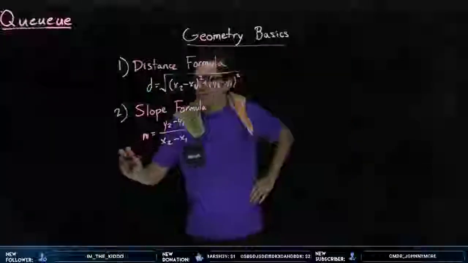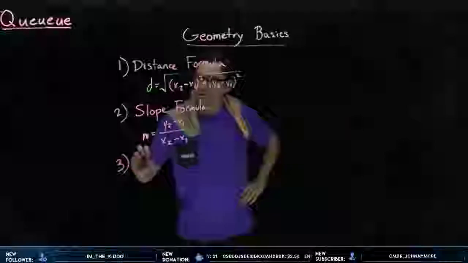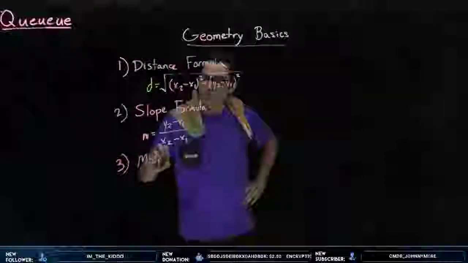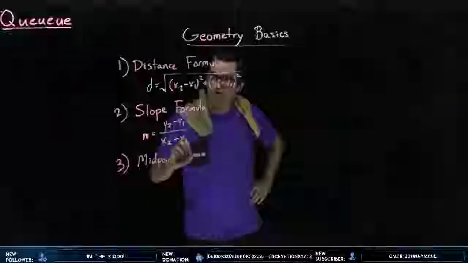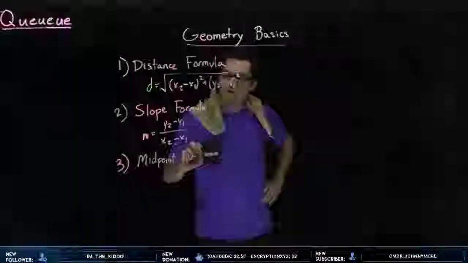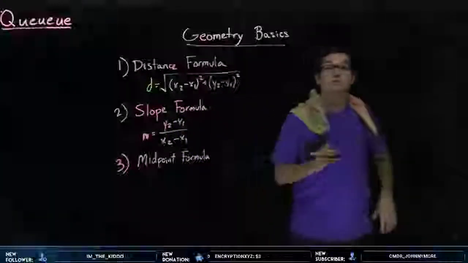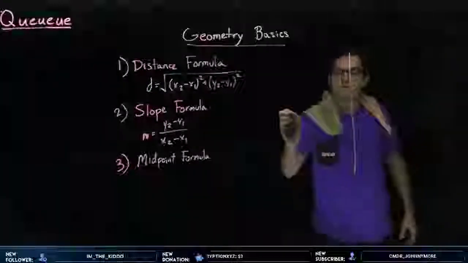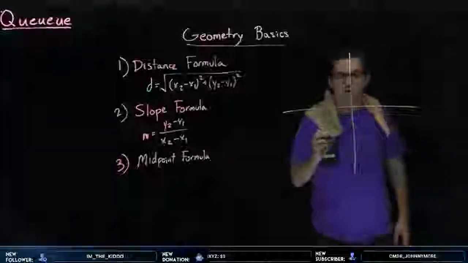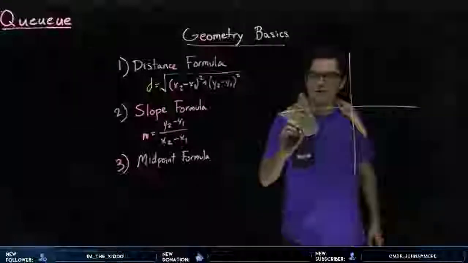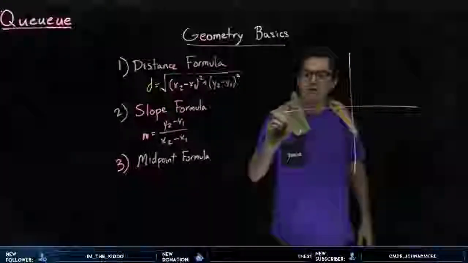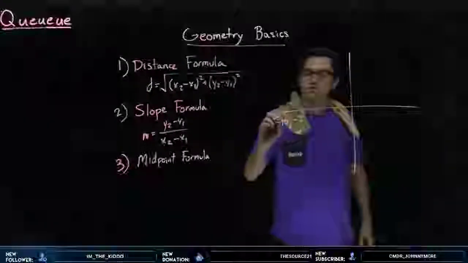Very good. Okay, 3. We're going to be talking about the midpoint formula. The midpoint formula is exactly what it sounds like. It helps you find the point that is right in the middle of two other points. So let's graph this thing out like we usually do. Let's say we got something over here. This is going to be -10, comma, -2.